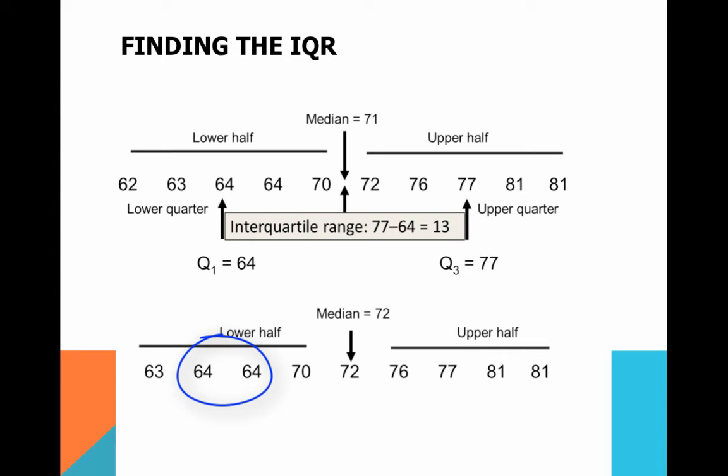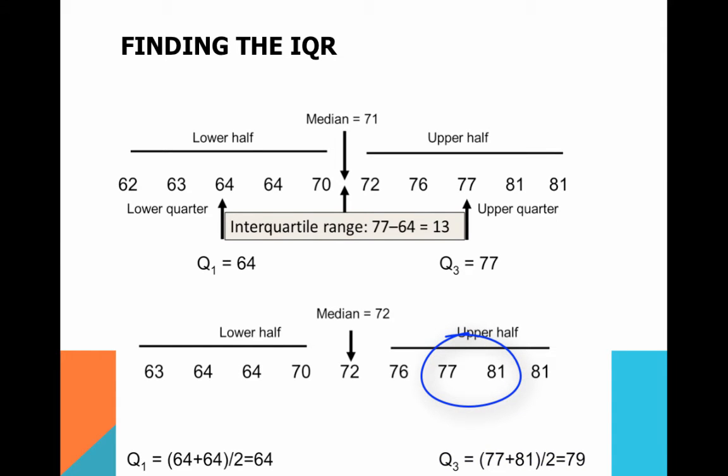We need to get the average of those 2 numbers to actually find Q1, which in this case is 64. And for our upper half, do the same thing. We end up getting the 2.5th position, which falls in between 77 and 81. So we've averaged those 2 numbers to give us a Q3, or 75th percentile, of 79.